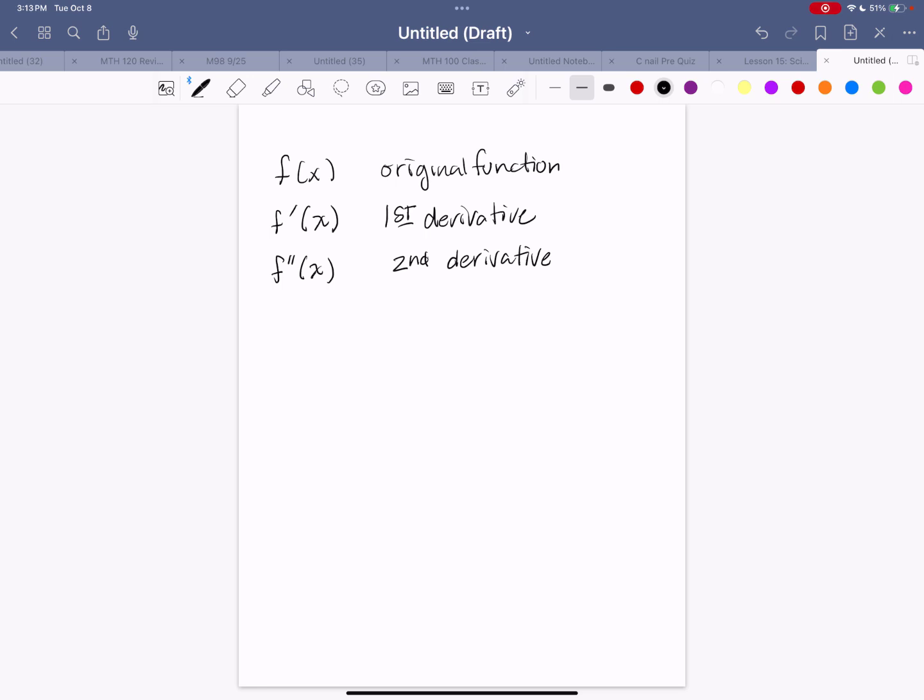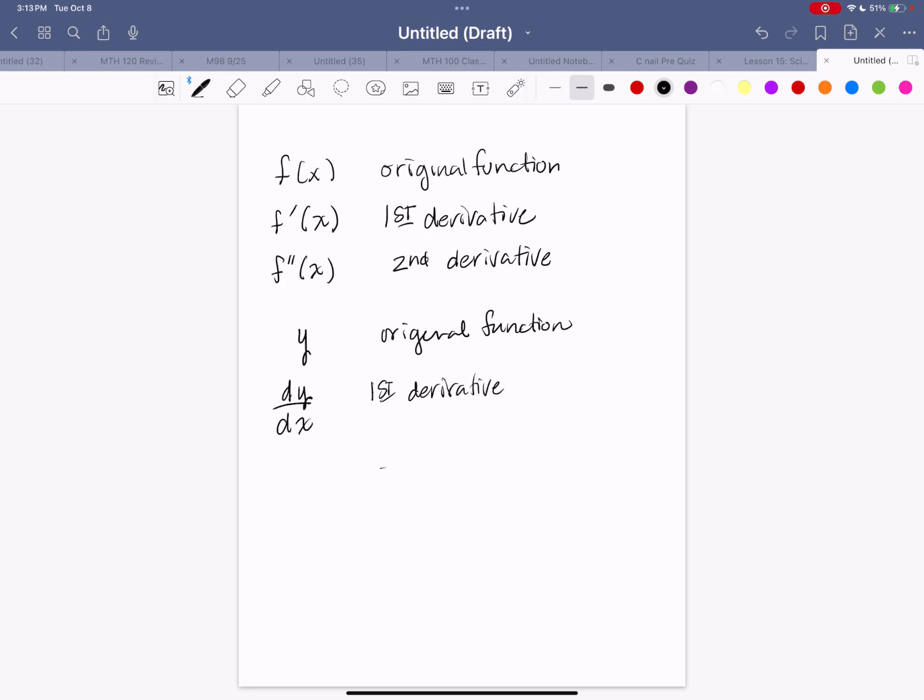Now, if we use y as our original function, the notation where y is a function of x would be dy dx. So the derivative of y with respect to x, that's your first derivative.